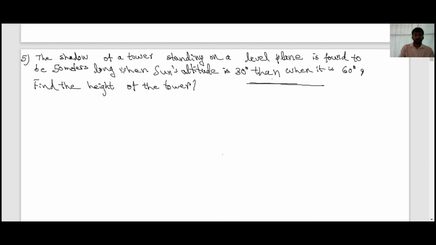That means when sun's altitude is 60 degrees, the shadow is some length, but when sun's altitude is 30 degree, shadow becomes 50 meter long. That means again 50 meter is added to the shadow when altitude is 30 degree. That's the meaning of question.